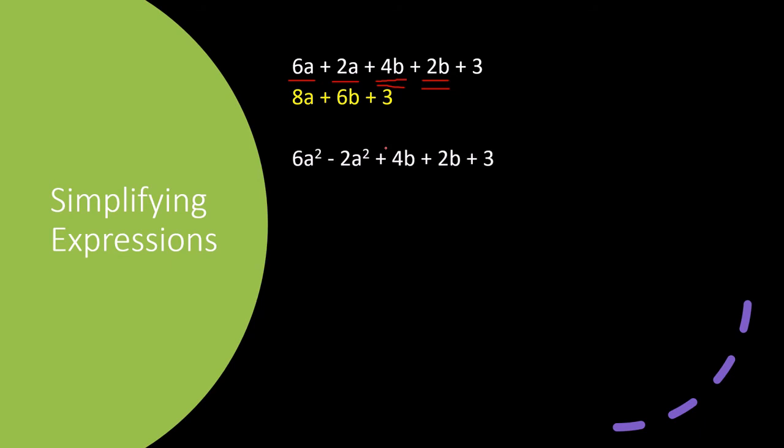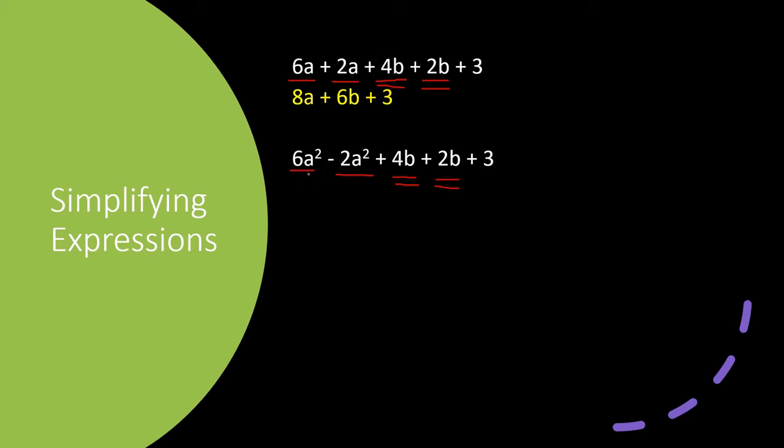On my next example, my friends, same thing, but this time I have some negatives in here. So do I have any like terms in here? Yes, I do. I have the 6a squared and the minus 2a squared. Then I have the 4b and the 2b in here. Okay, very nice. So I'm going to go ahead and combine these terms right here.